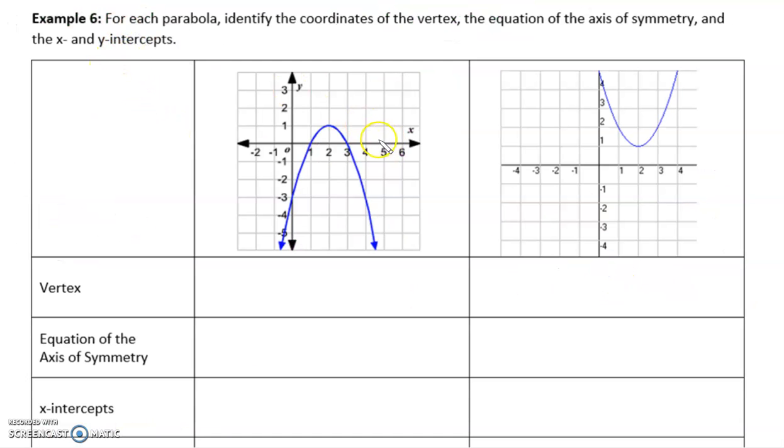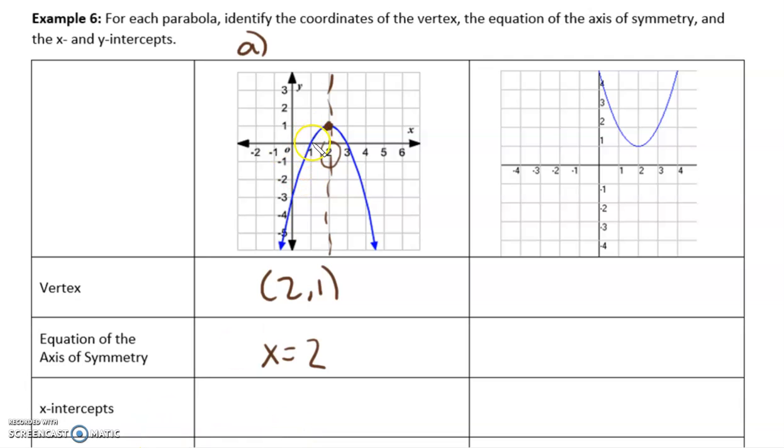Okay, example 6. So for each parabola, we're going to identify the vertex, the equation of the axis of symmetry, and the x and y intercepts. Okay, so let's call this one A. Let's do A first. So the vertex is 2, 1, and the axis of symmetry is this number right here, x equals 2.